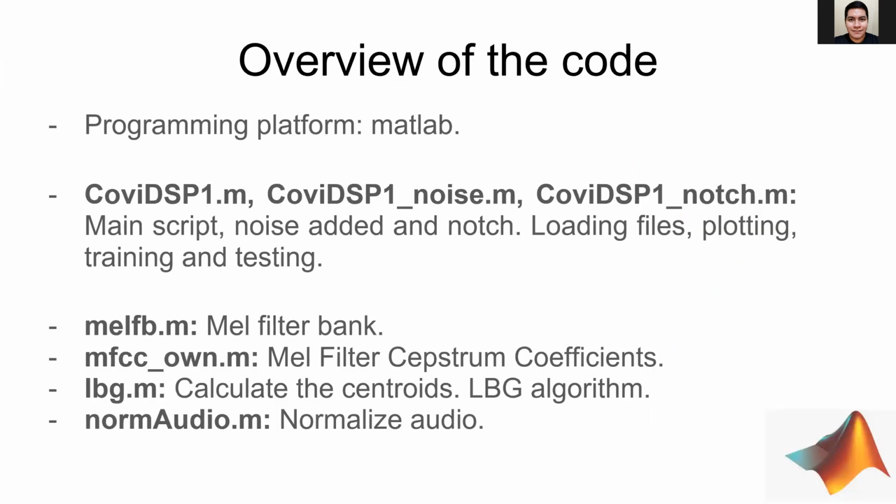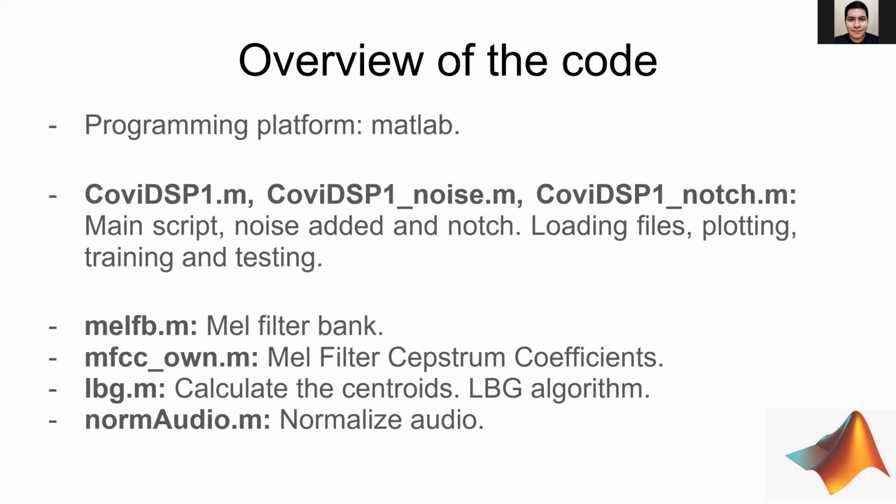Now let's go through the overview of the code. We used MATLAB to program the system. We have three main scripts: CopyDSP1, CopyDSP1 noise, and CopyDSP1 notch. All of them load files, they plot, they perform training and testing with the datasets.